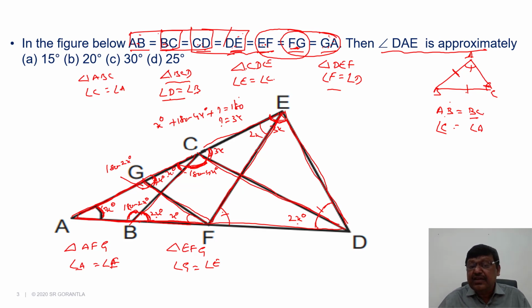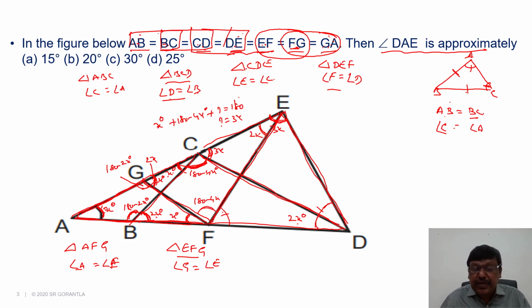We know this entire thing is 3x, but this portion is 2x. Now in this triangle EFG, angle G is 2x and angle E is 2x. 2x plus 2x, 4x means this is 180 minus 4x. Now this external angle here, it is x.